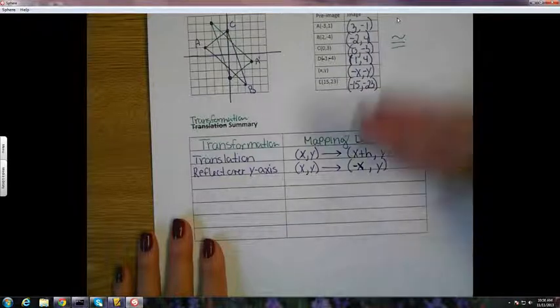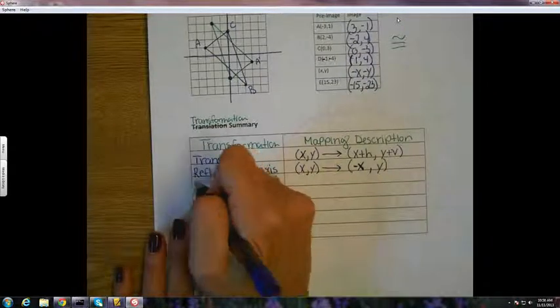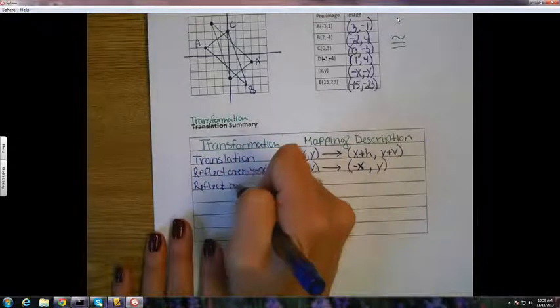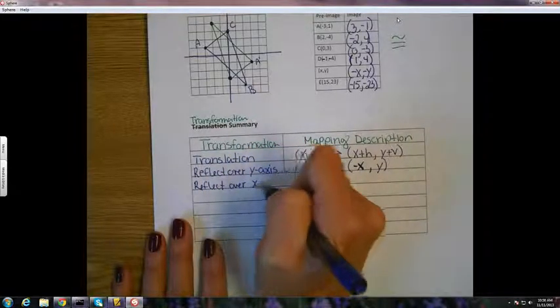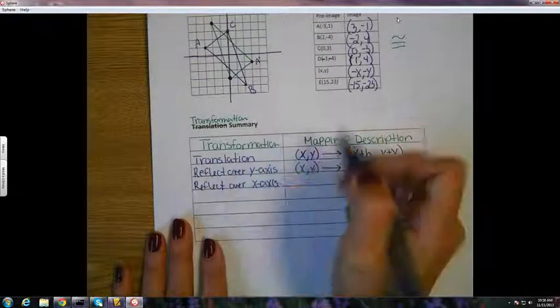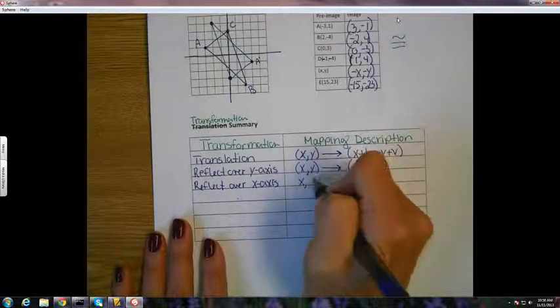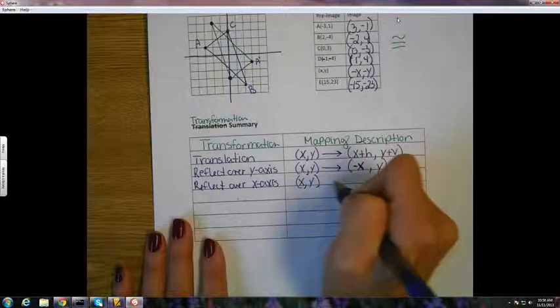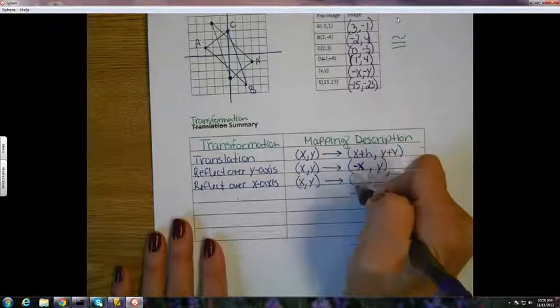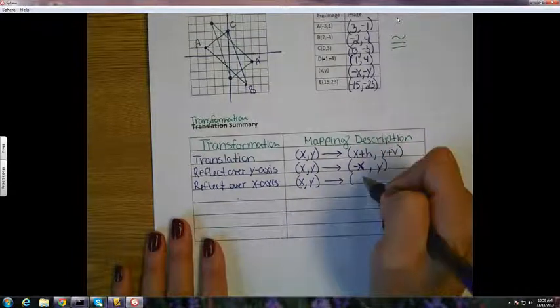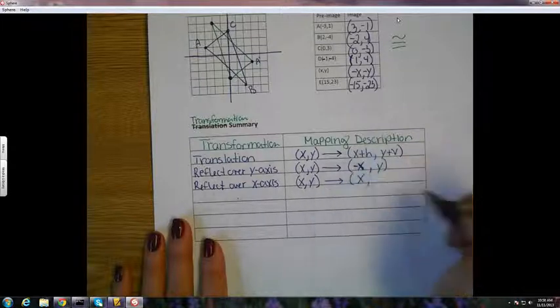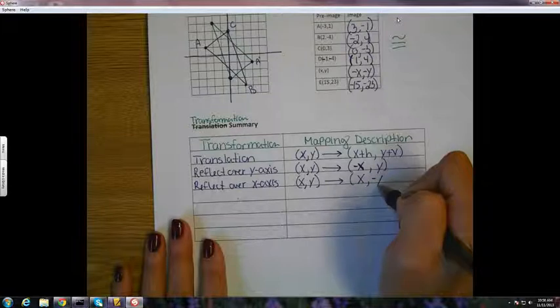That was a vertical change. So the mapping would take each ordered pair. The vertical part changed, the left and right did not. So x stayed the same, negative y.